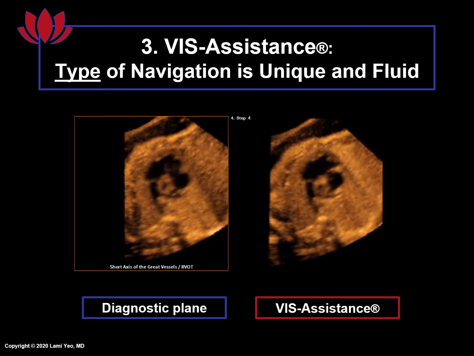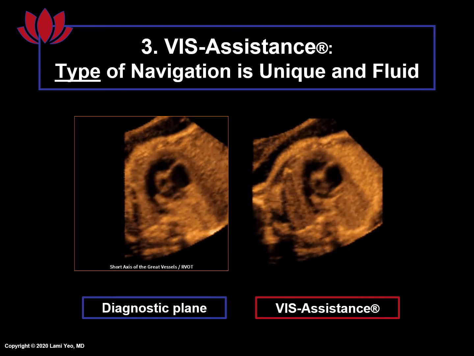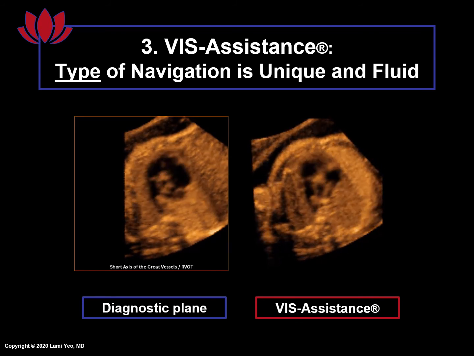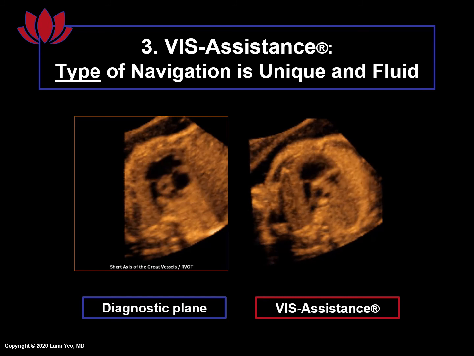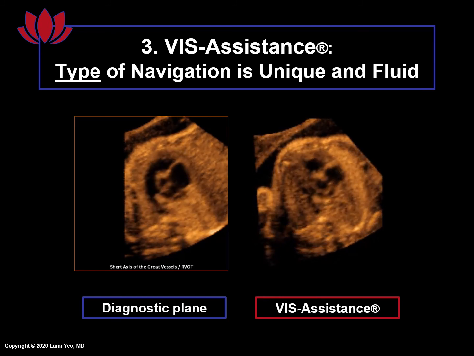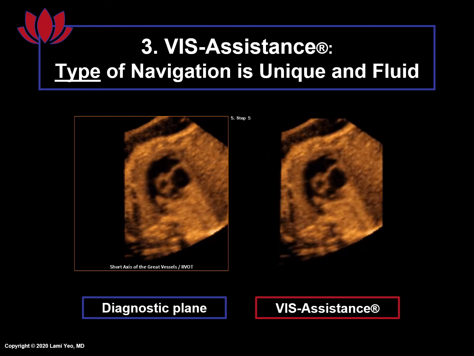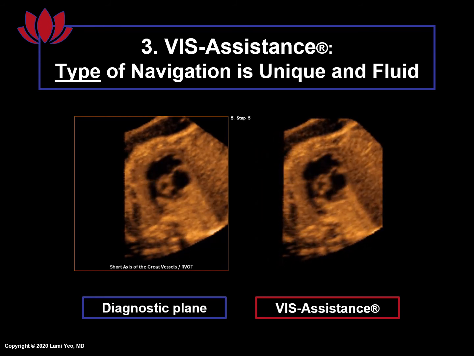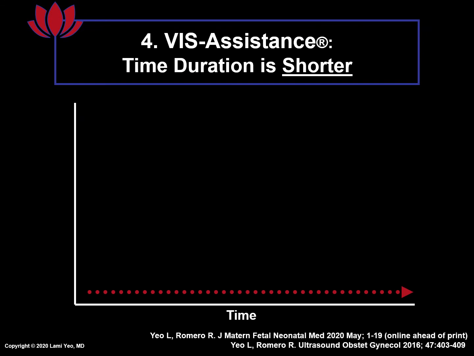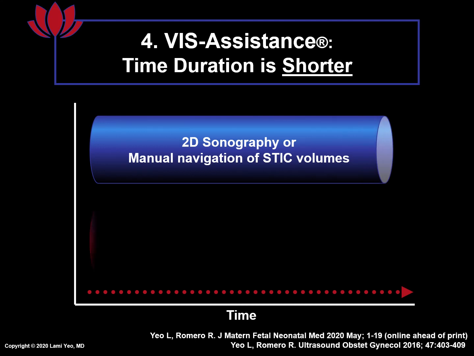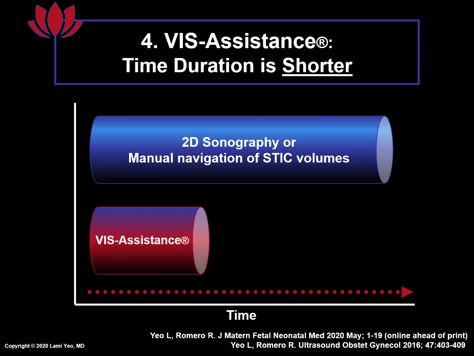The precision and consistency of VISA movements may not be achievable through real-time two-dimensional sonography or manual navigation of a stick volume. And finally, the time duration of VISA is typically shorter, less than 4 minutes, as compared to the performance of real-time two-dimensional sonography or manual navigation of stick volumes.